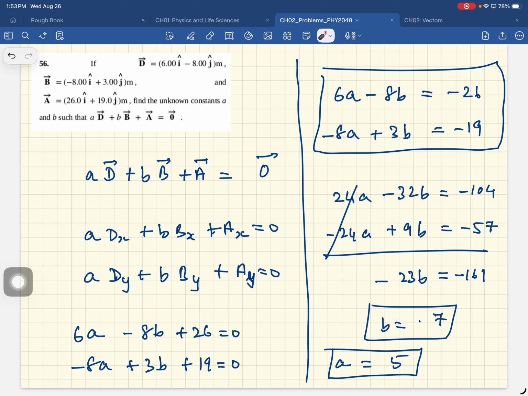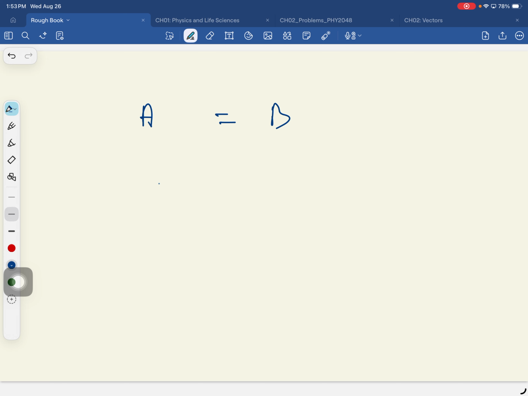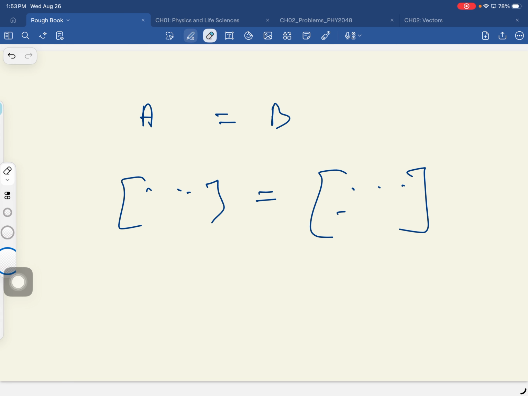B is square root of 4 plus 9 plus 4. So cosine theta is minus 14 divided by 4.58 times 4.12.